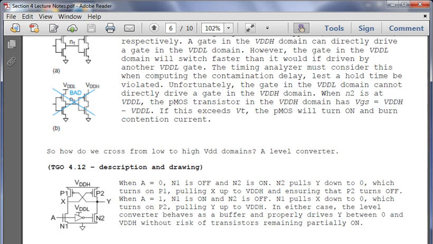Next thing you know, you mix these two together, and it's not getting an output, and if you're not properly accounting for your domains, then you start doing simulation and tweaking, and nothing's going to work because your supply voltages are not going to tie into that particular domain because you've mixed them. So then you start trying to change transistor sizes and nothing works, and then you're sitting there for hours and you have no idea what's going on. The reason why is because you haven't properly accounted for voltage domains.